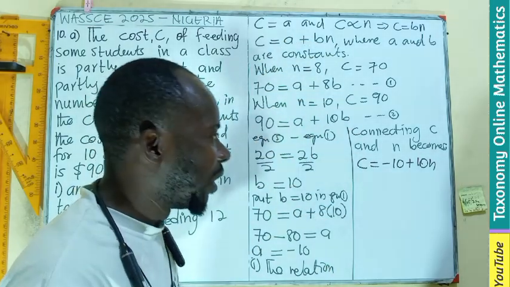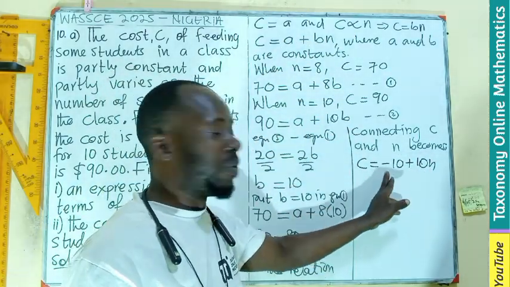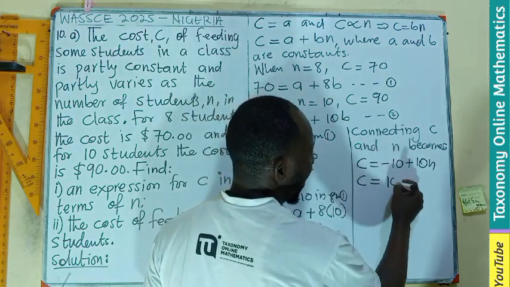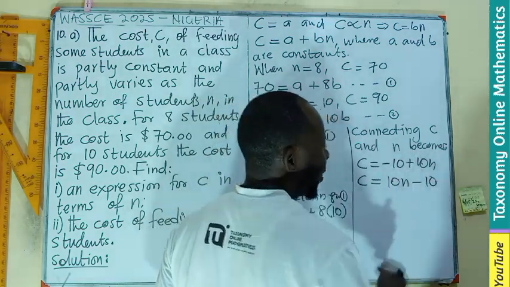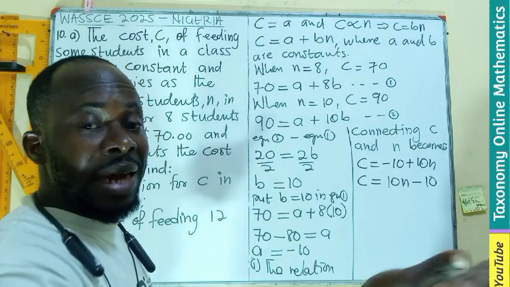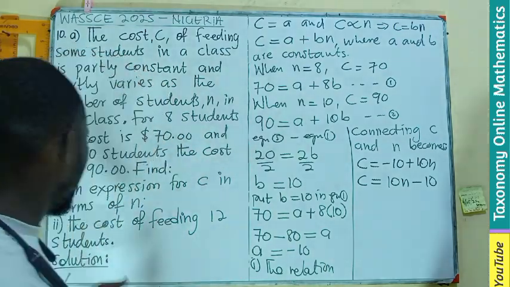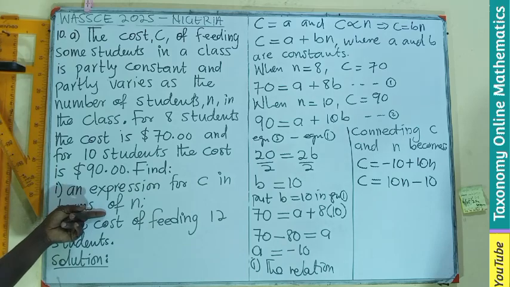So this is a relation between them. We can also write this first before the negative, as in C equals 10N minus 10. So that the negative becomes the second term. So this is the relation connecting the first part of the question.